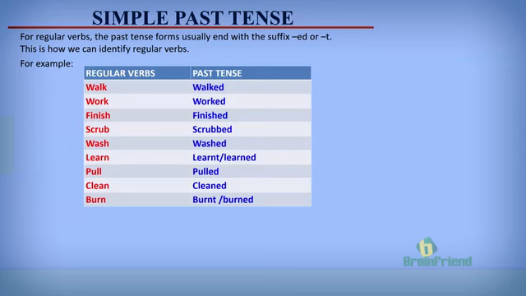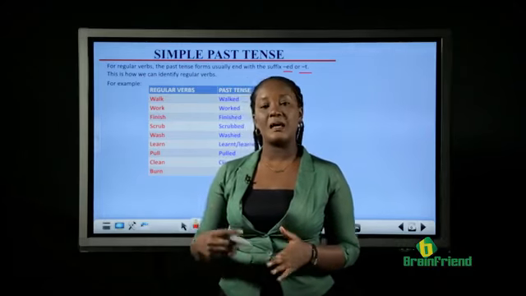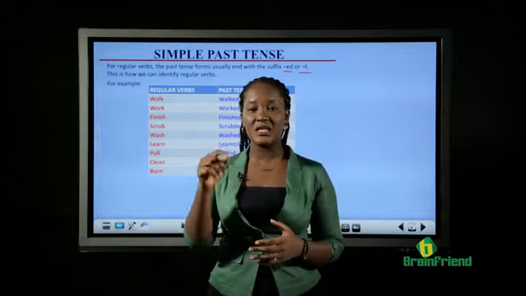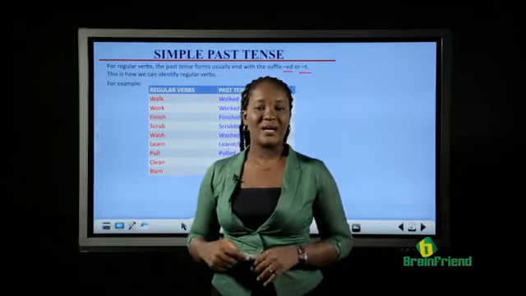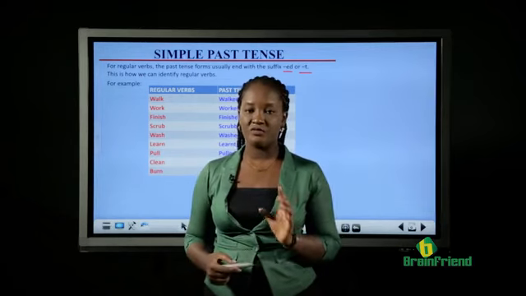For regular verbs, the past tense forms usually end with the suffix ed or t. This is how to identify regular verbs. When you find verbs that in their past tense form have ed or the letter t at the end, we can identify such verbs as regular.